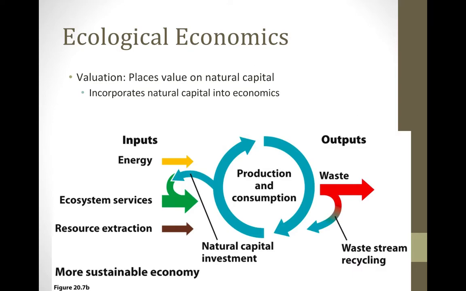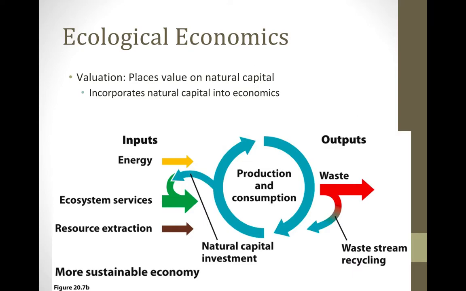And so our inputs, in addition to the raw materials, also include energy and ecosystem services. Now, ecosystem services are services that are provided by fully intact ecosystems. These would be things like wetlands filtering water for us, or trees producing oxygen and helping to reduce pollutants in the air, things like that.